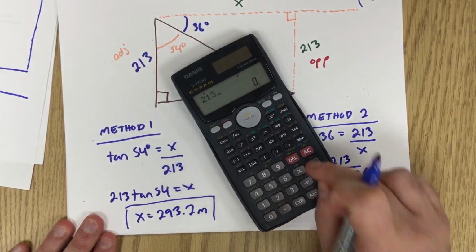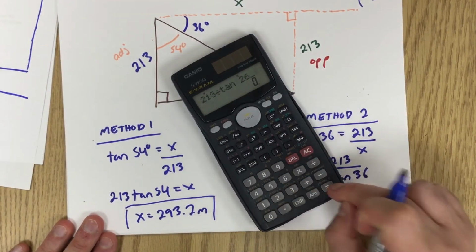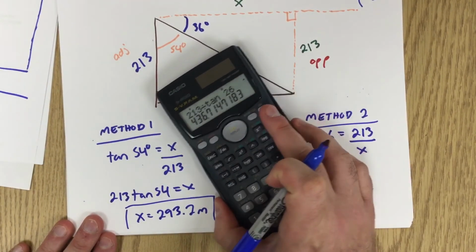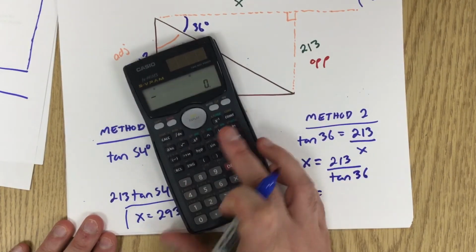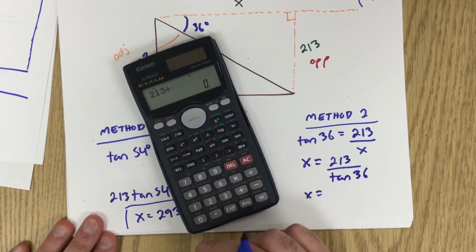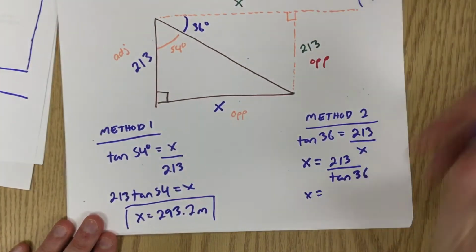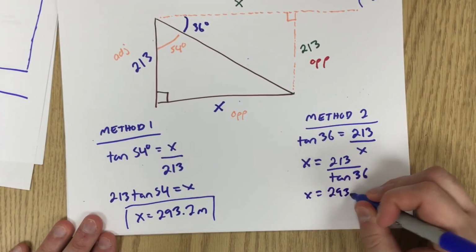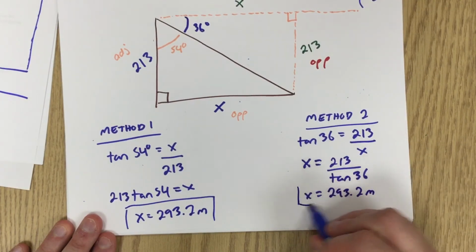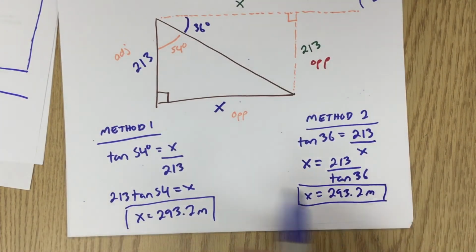So 213 divided by the tangent of 36. Whoops, I had the wrong one. It should give the same answer in theory. Aha, better. Which is also 293.2 meters. So it doesn't really matter which way you do it.